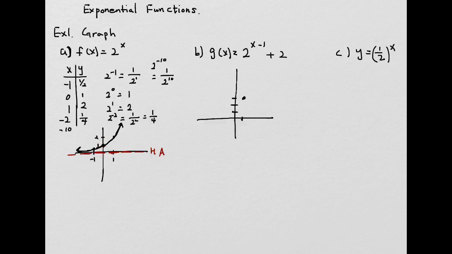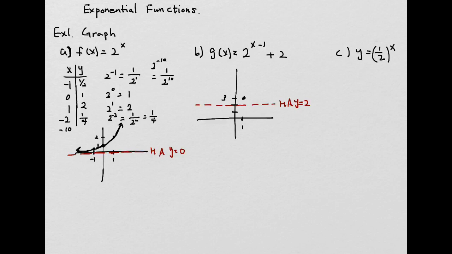So let me mark that horizontal line going up 2 from y equals 0. Your horizontal asymptote is going to be positive 2 this time, where this one was at 0, right? So this is 1, this is 3.